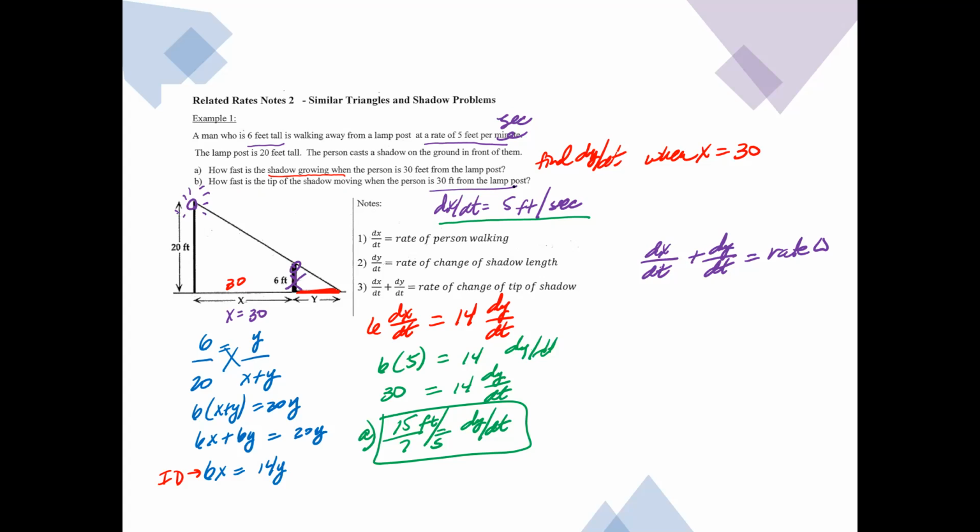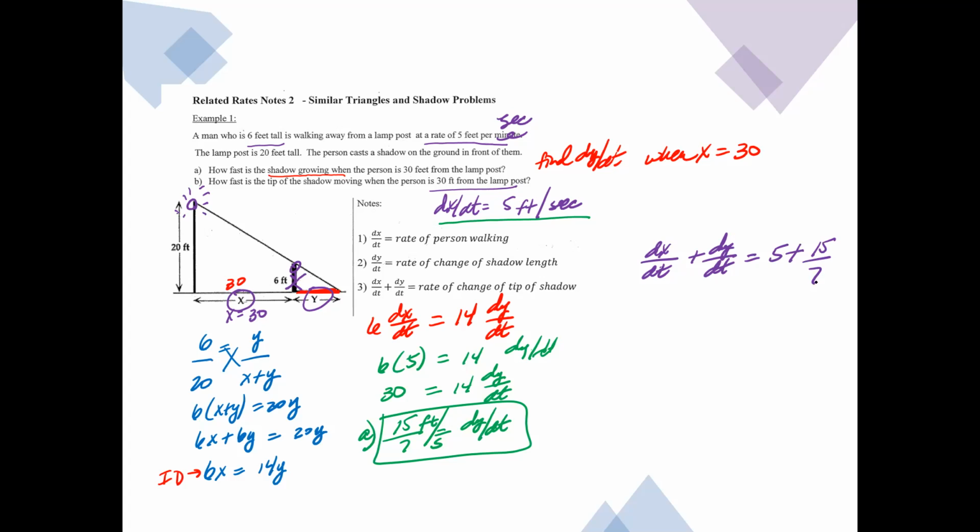So I have dx over dt plus dy over dt equals the rate of change of the tip of the shadow. Well, that is going to be the rate of how fast the person is walking, the x right here, with the y right here. So you know the person is walking away at 5 feet per second, plus dy over dt, which is going to be 15 over 7.